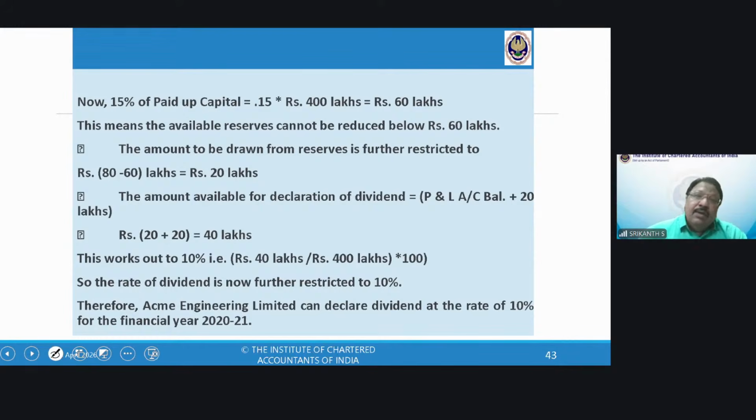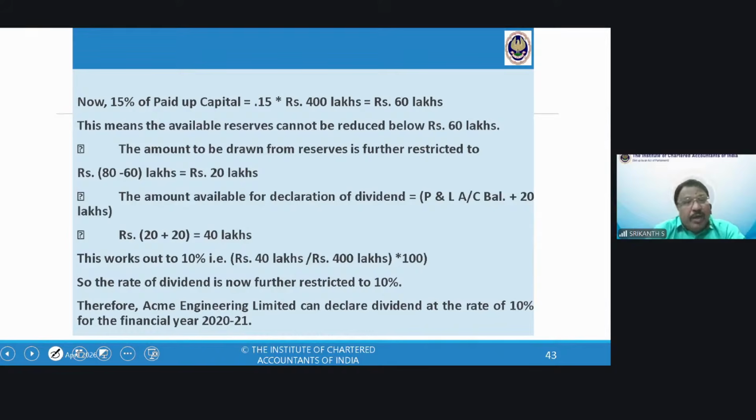How to calculate that? What is 15% of 400 lakhs? 60 lakhs. So the reserves which are available after the drawal should not fall below 60. That means 80 minus 60, only 20 lakhs we can take. If you take 20 lakhs, the reserves will be maintained at 60, which is 15% of PC plus FR.